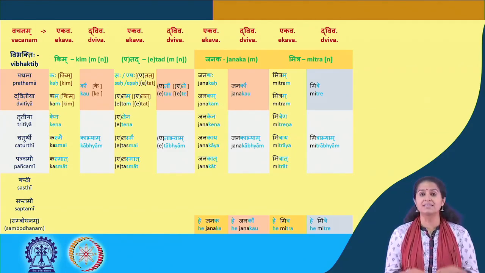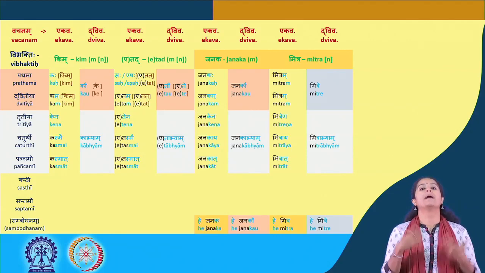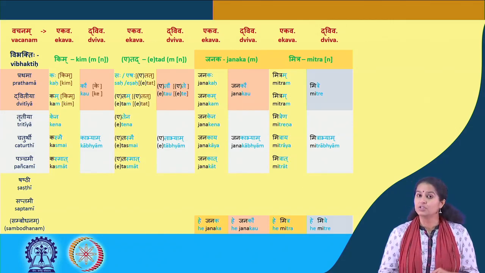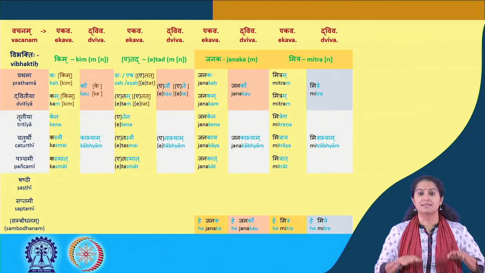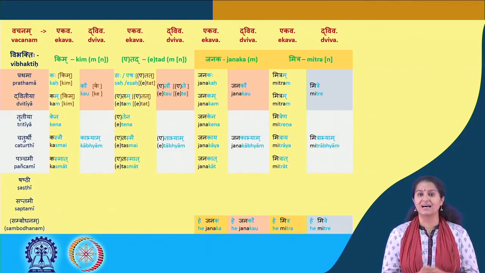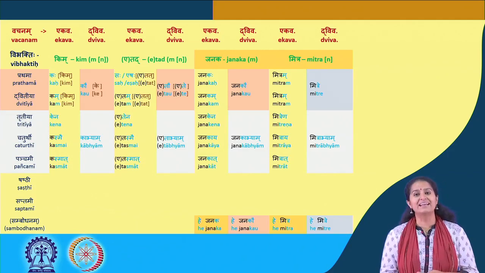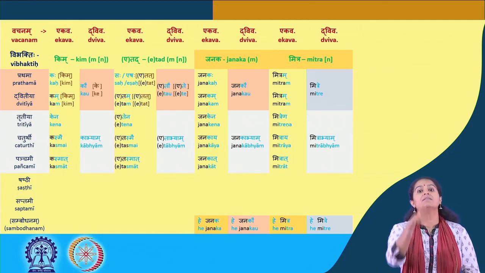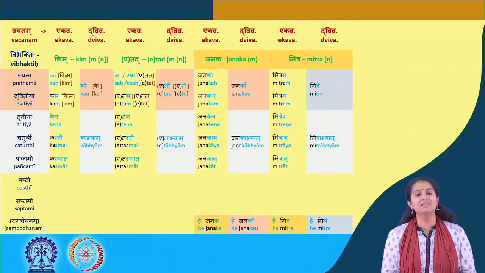So the neuter, like you can see, kim asti, and the answer tat mitram asti or etat mitram asti. In the dual, ke staha, te mitre staha. Uttamam. In the second case, what happens? It's identical. So, kim pashyati, tat mitram pashyati.